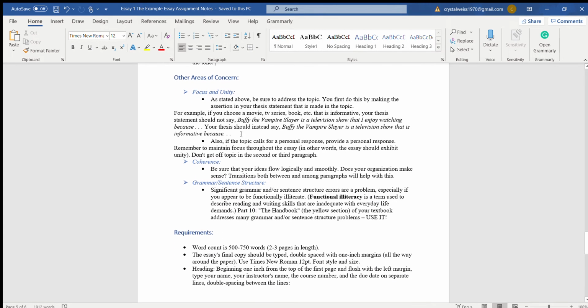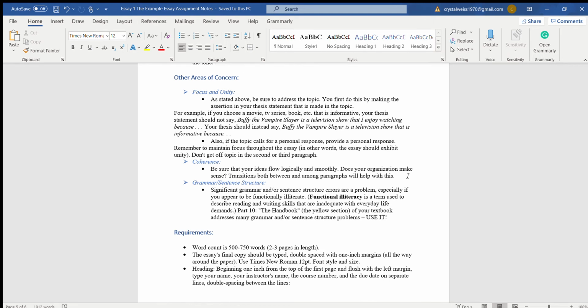Alright, so other areas of concern, focus and unity. As stated above, be sure to address the topic. You first do this by making the assertion in your thesis statement that is made in the topic. For example, if you choose a movie, TV series, book, etc. that is informative, your thesis statement should not say, Buffy the Vampire Slayer is a television show that I enjoy watching, because, well, how are you going to prove that?